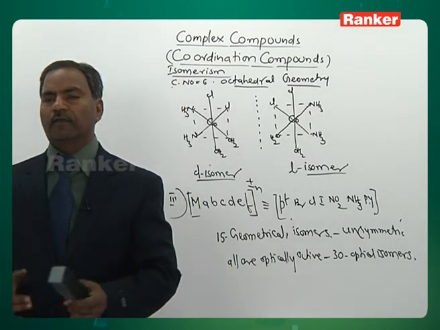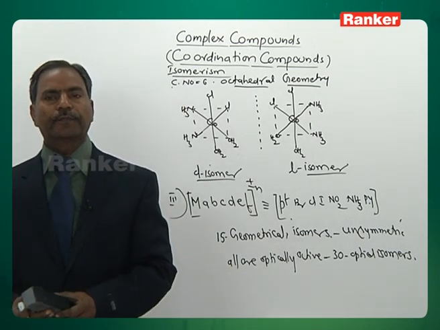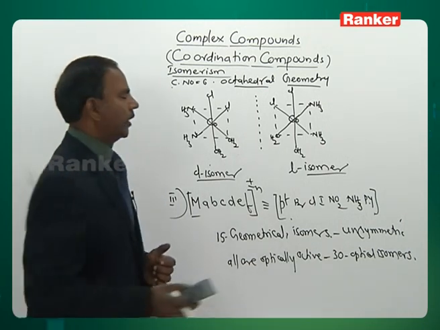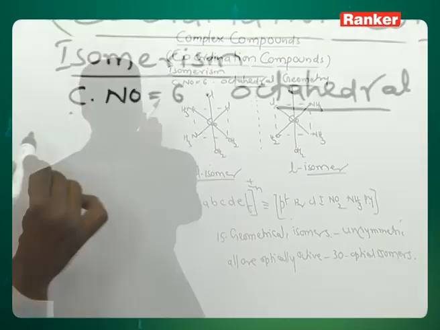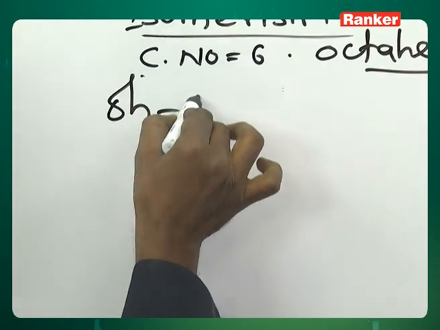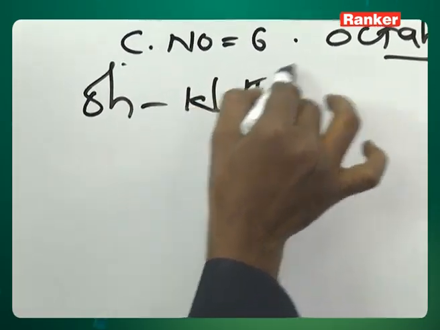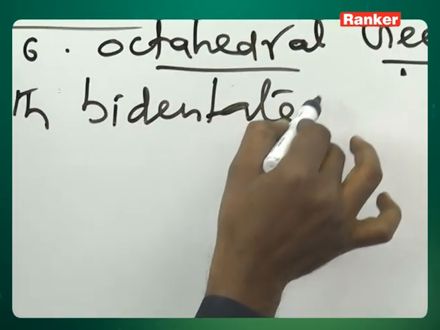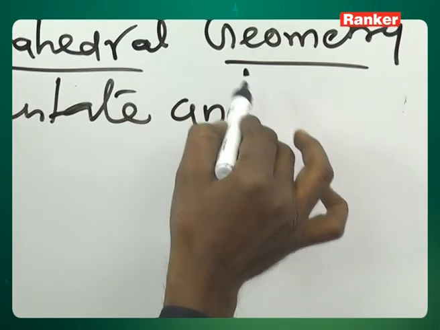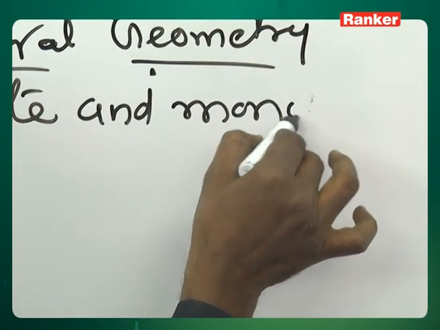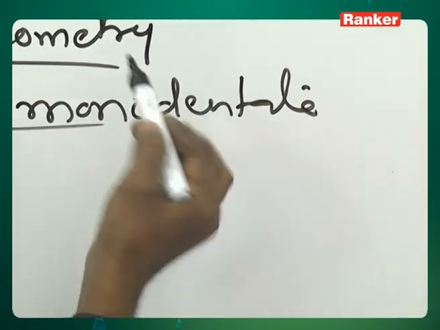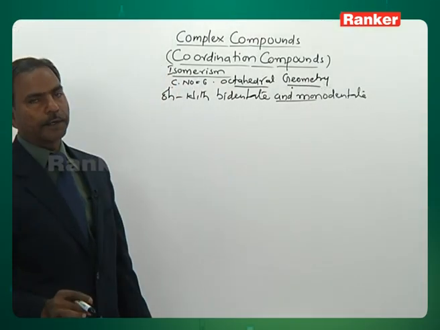Now this is under octahedral geometry with only monodentate ligands. Let us see next bidentate and monodentate ligands. So octahedral with bidentate and monodentate ligands.